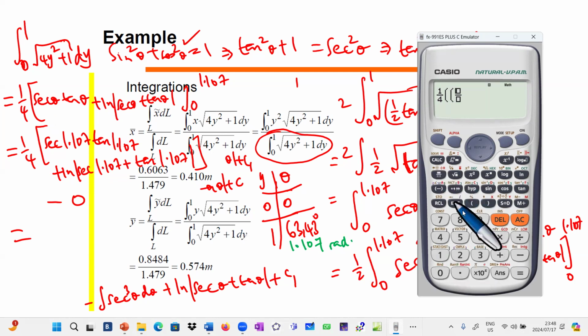So we're going to do here 1/cosine of 1.107. And then you have the sine.